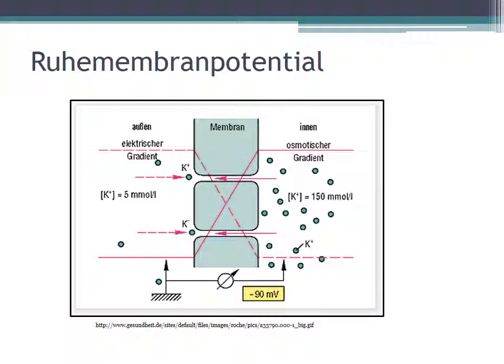So then there is the steady state when basically the potassium ions diffuse in and out at the same level because they have this chemical and electrical gradient.